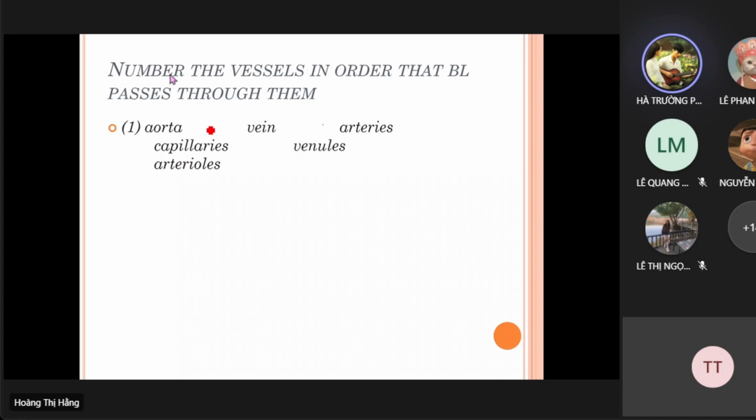Okay. Number 3 is arterioles. Number 4 is capillaries. Number 5 is venules. Number 6 is vein. Excellent. Dễ ha.